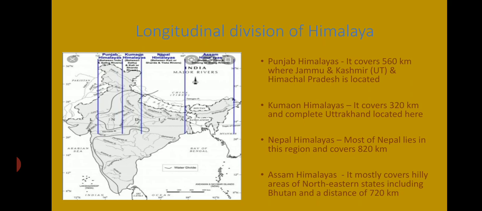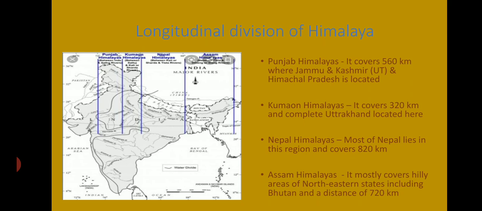Then comes the Nepal Himalaya. The Nepal Himalaya lies between this Kali or Sarda river and the Tista river. This is the longest longitudinal division, and it covers almost 820 kilometers. The whole of Nepal lies in this.